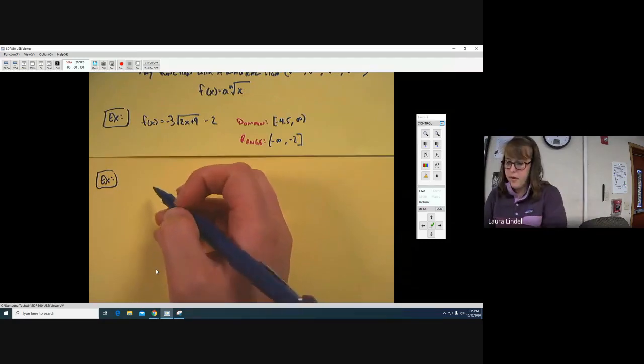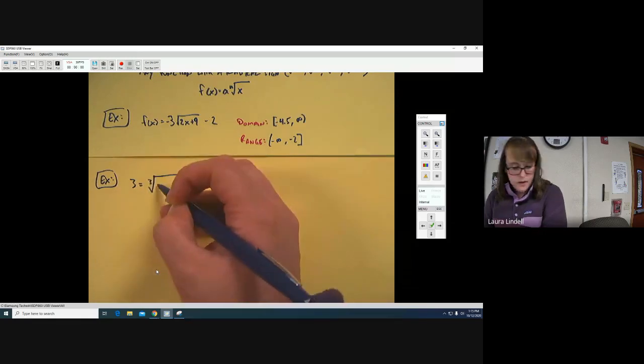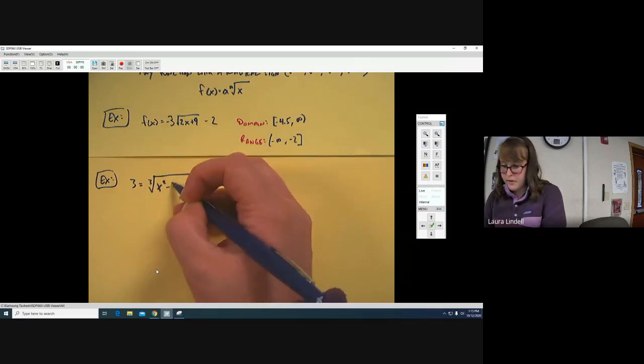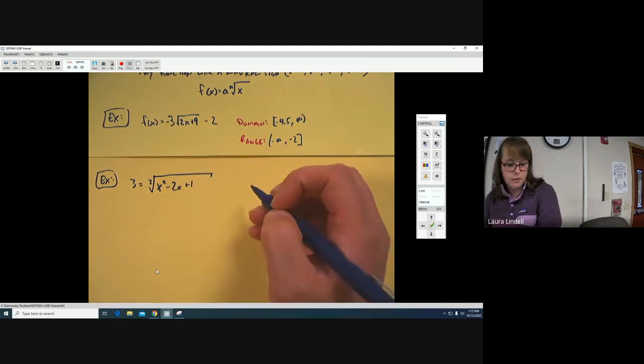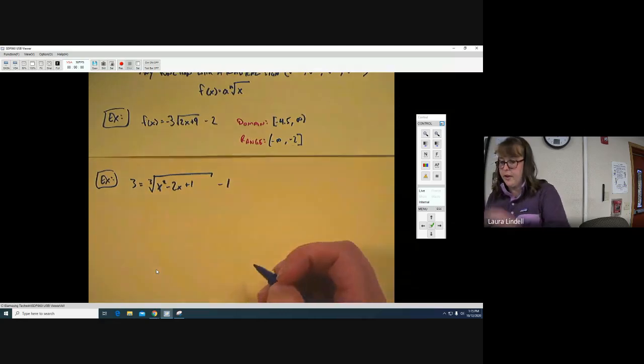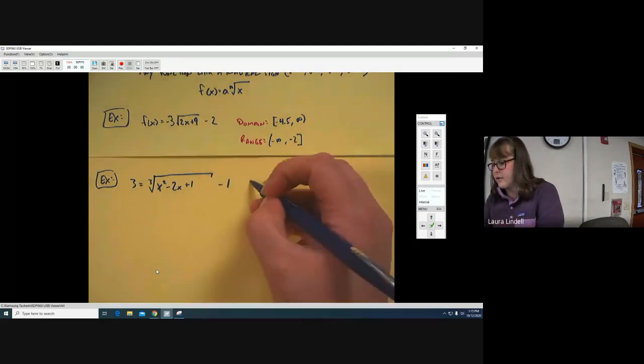For this first one, we're going to say 3 equals the cube root of x squared minus 2x plus 1. That's all underneath the cube root. And then we're going to have -1 on the outside. And we want to solve for x.